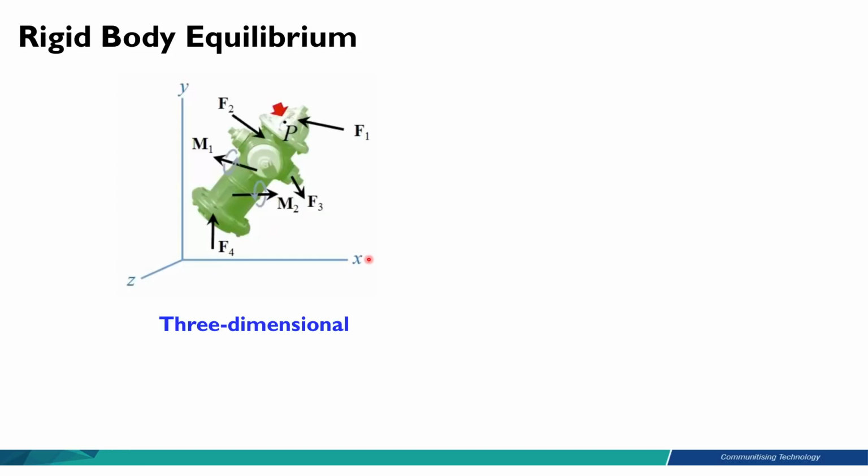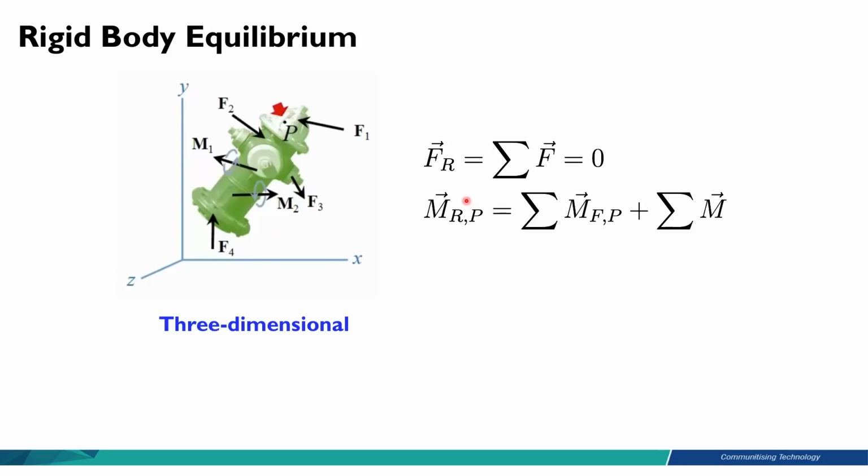So previously in statics, we have been talking about the force exerted on a body and also the moments. And from statics, we know that the summation of forces is equal to 0, and so does the moment.